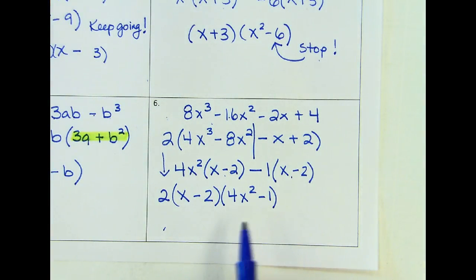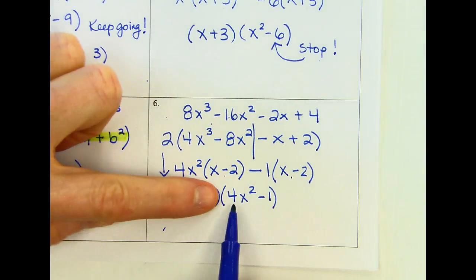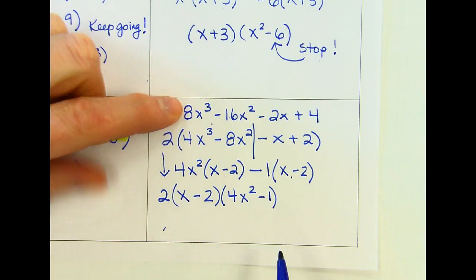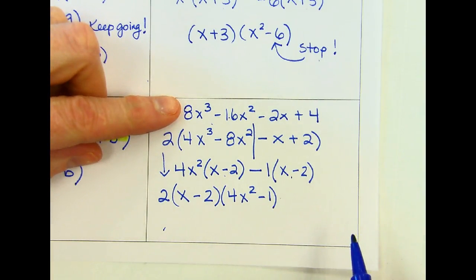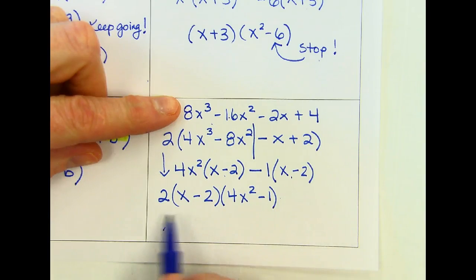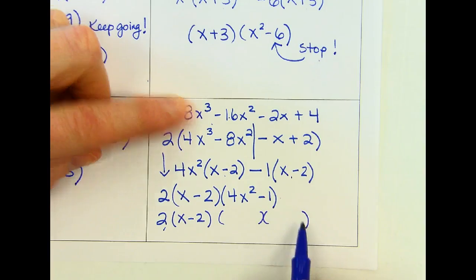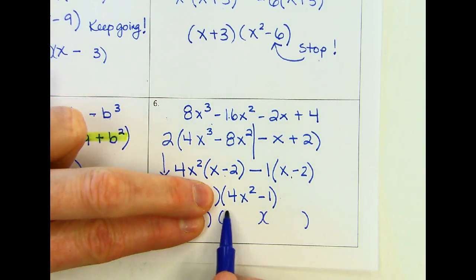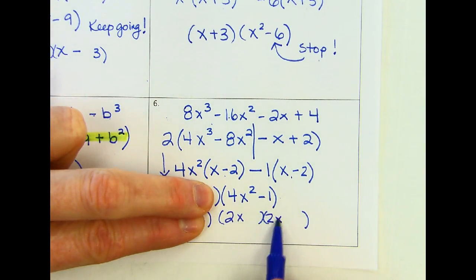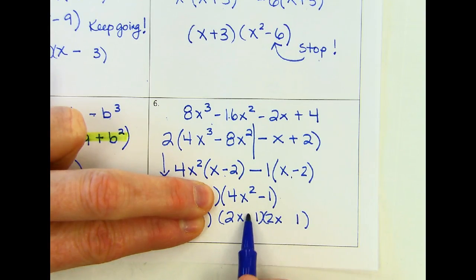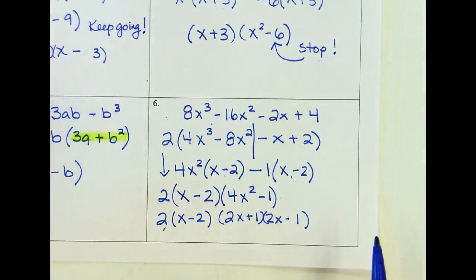So now I realize, okay, I'm almost finished, but then I look at this right here. What is up with 4x squared minus 1? Well, that is difference of squares, so I have to keep going. So I write down all of these factors, and now I focus on this piece. 2x times 2x will give me 4x squared, 1 and 1 will give me 1, plus minus will make the middle cancel out.